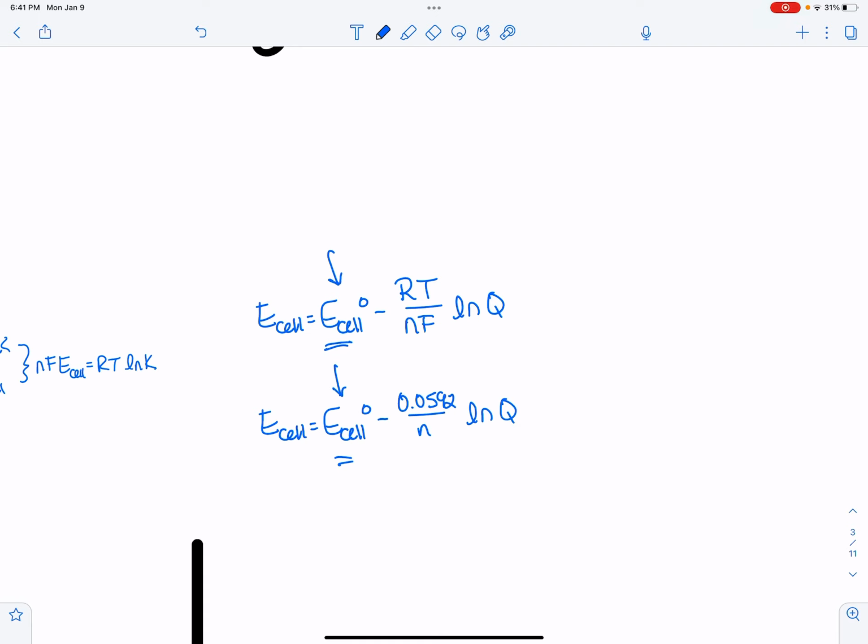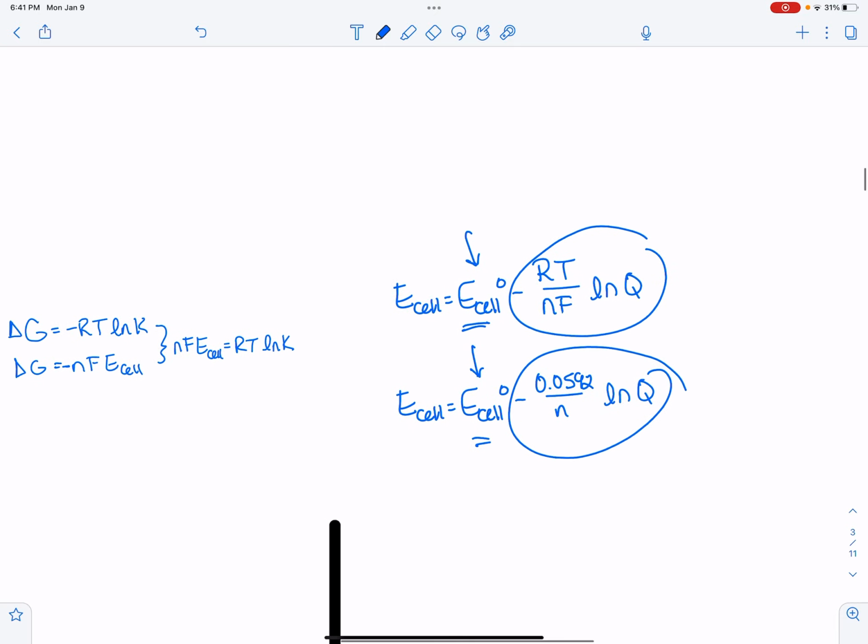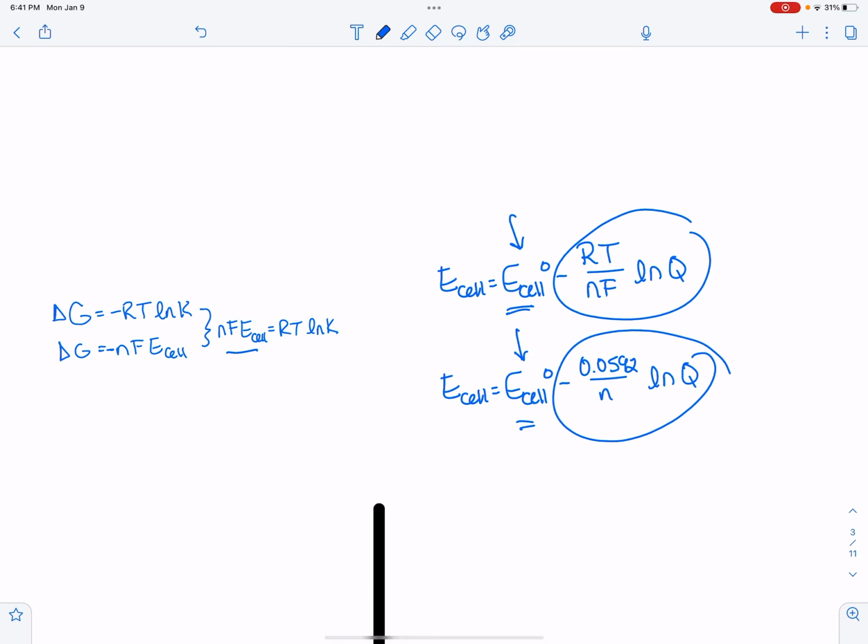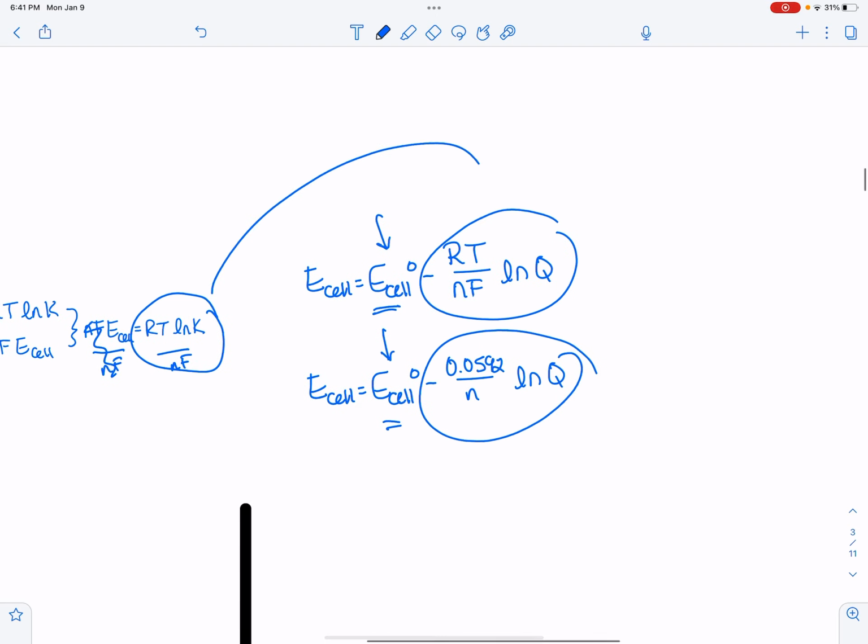But if you don't make that 1 molar, which most of the time is not, or if you aren't running it at room temperature, well then it's basically like we have a little correction term that we're adding on. And this is a different version of the same type of correction term. And again, if you divided both sides by NF, you'd have E cell equals, and there's that term right there. It's that same term, but it's with Q because it's at not standard concentrations.